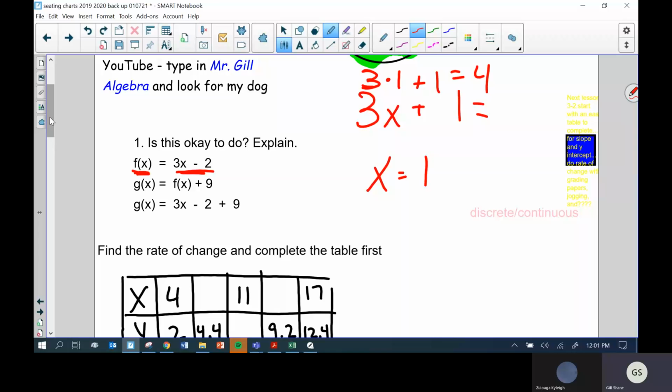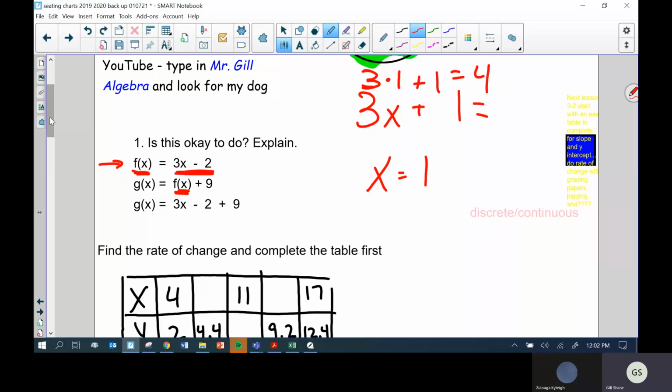So what we could have done, and this is the way I didn't teach it, I don't think, or at least I didn't emphasize it, I could have said, well, wait a minute. In this second equation that I've got, I've actually got f of x right here. But I know from the first equation, from right here, that f of x is the same thing as this. So it's kind of like the $1 and the 4 quarters thing.